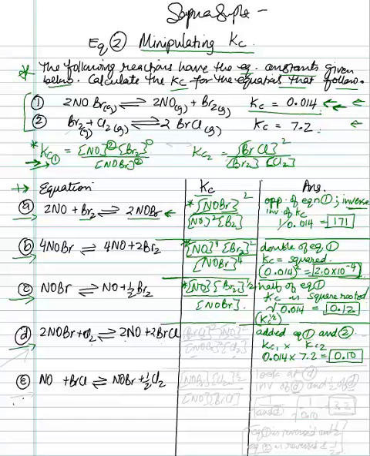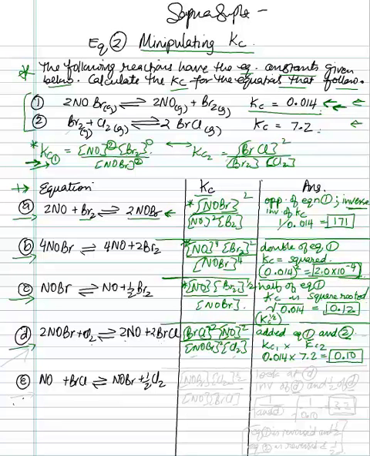And if you want to set this up again, it can be BrCl squared. And now you will see that when you're doing this, you will have the Kc of both of them. I will show you that in a second. And then NOBr squared, and then Cl2 at the bottom. So looking at this equation, adding equation 1 and equation 2 means that you're multiplying Kc1 and Kc2, which means that some of the things are going to get cancelled.